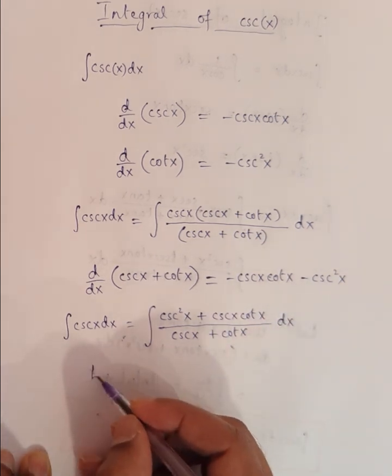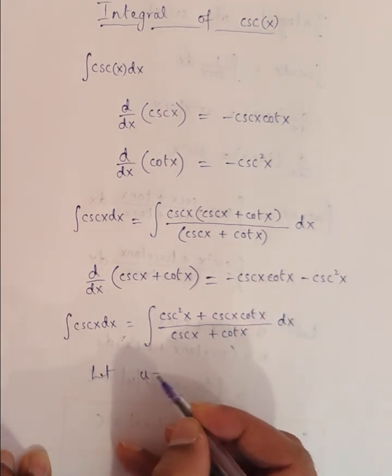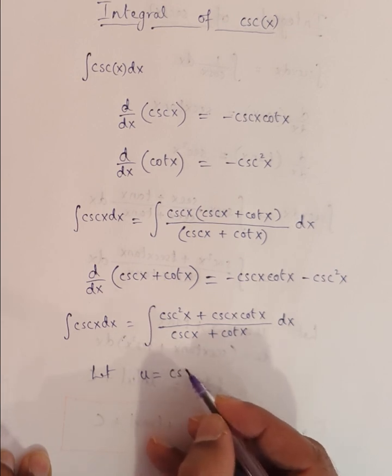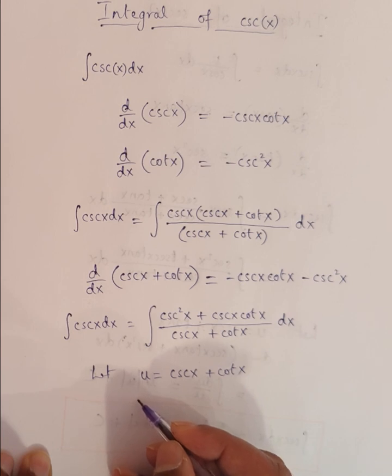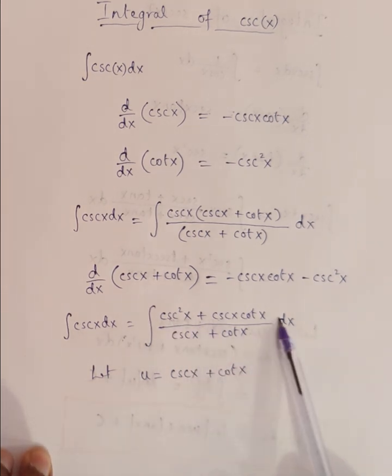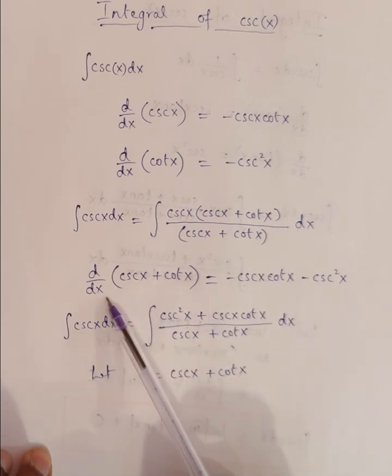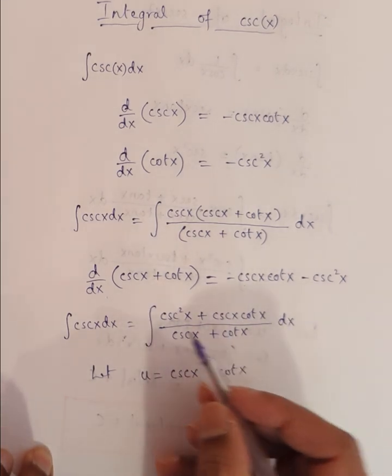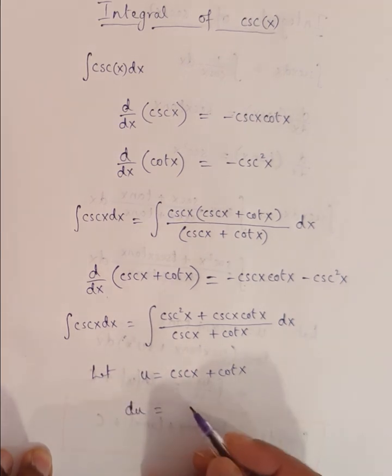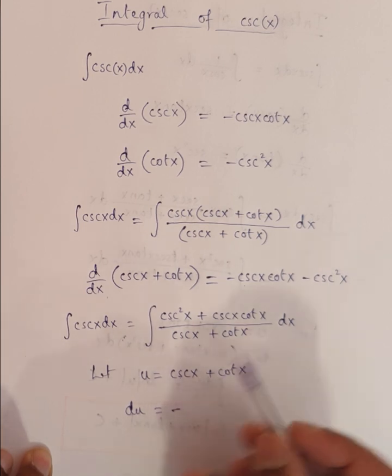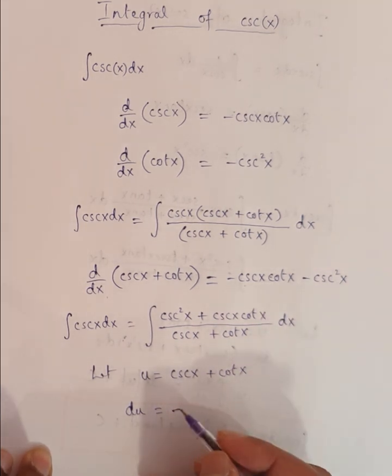So if I let u be this denominator, cosecant x plus cot x, then what I have up here is the opposite of u prime, the opposite of the derivative. So let me go ahead and write down du equals negative this thing.